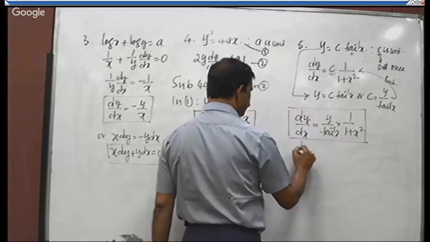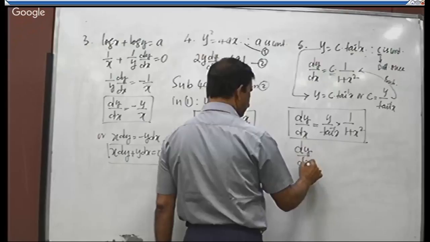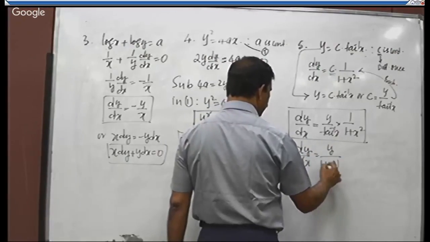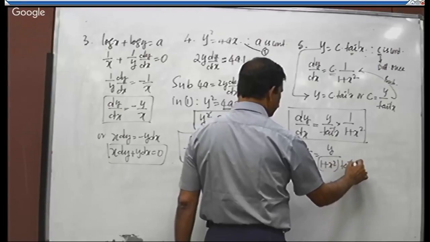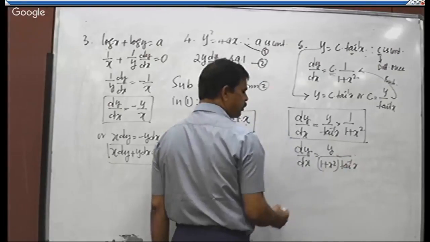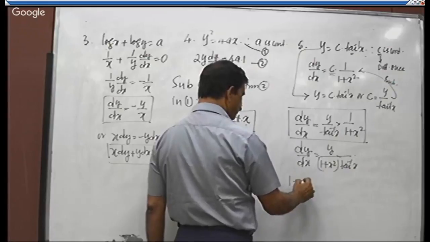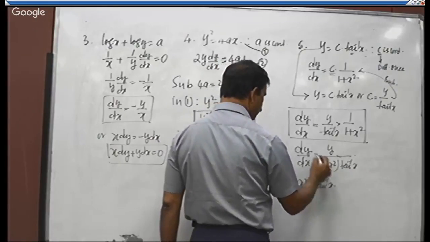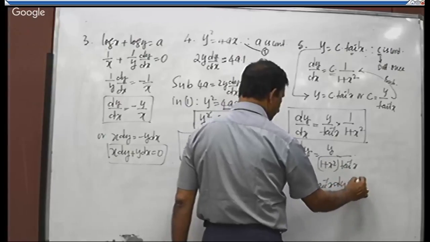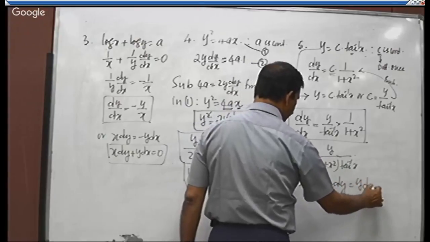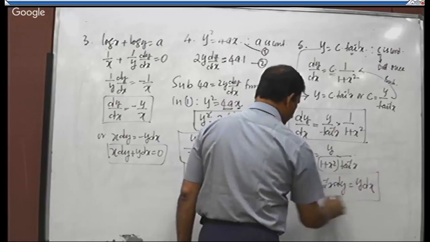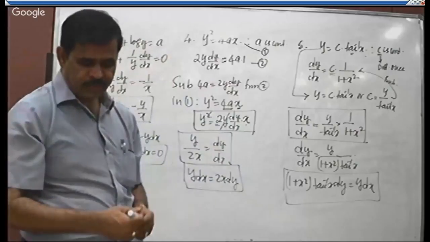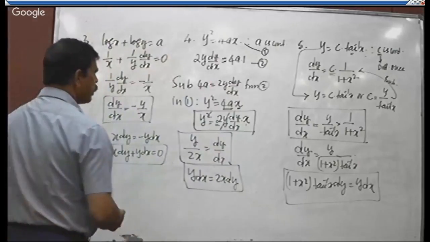This is the differential equation, dy by dx is equal to y divided by 1 plus x square into tan inverse x, or you can cross multiply it: 1 plus x square into tan inverse x into dy is equal to y into dx. This is called formation of a differential equation of a function having only one constant.